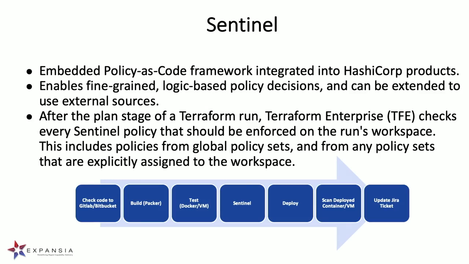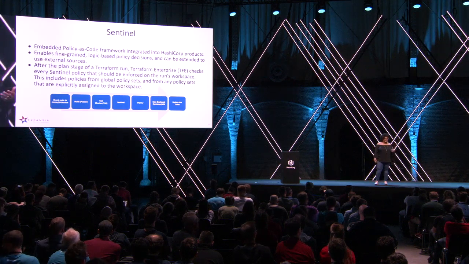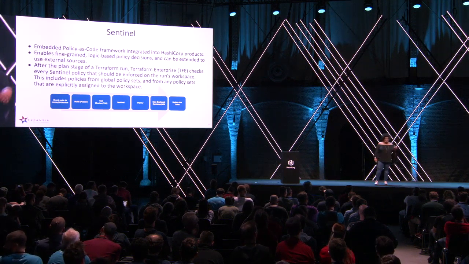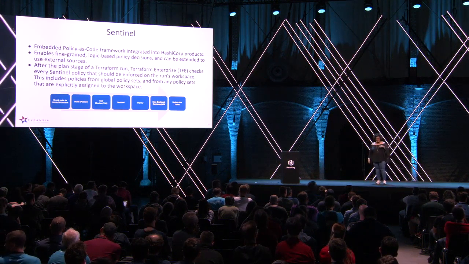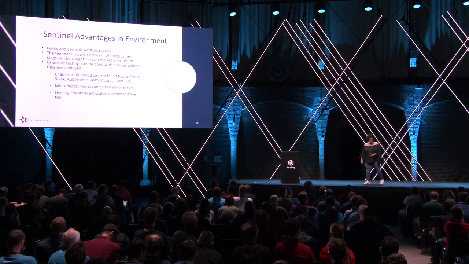If not, I'll stop and say I can't deploy to that staging environment, but I have that ability now to say yes or no. And then also I can go back and say I want to scan that environment as well. And then also give that feedback loop to Jira. So that's what that looks like.